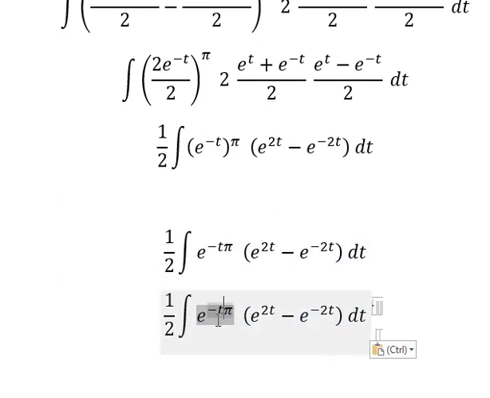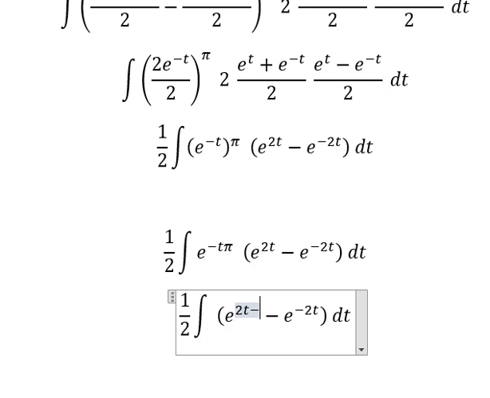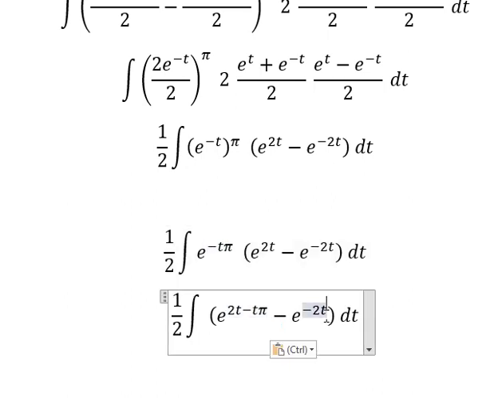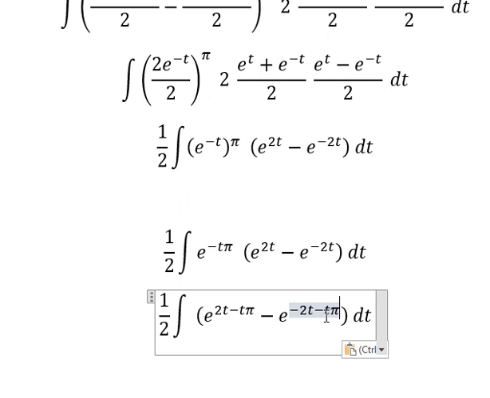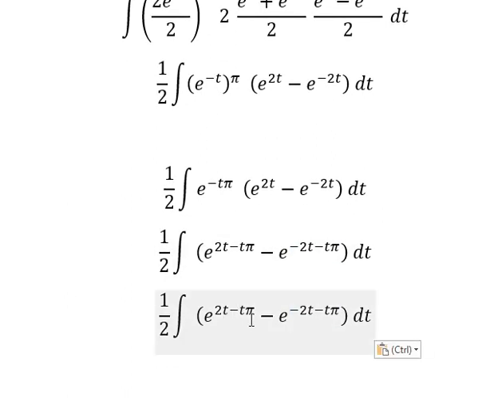So this one multiply by this one and this one, so we have like this. Now t and t we can do factorization.